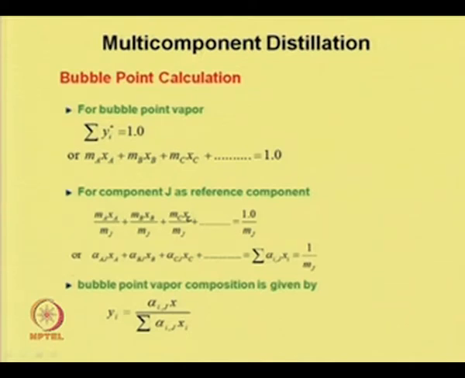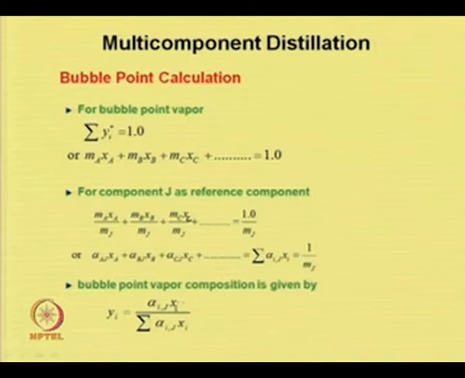Or we can write alpha Aj Xa plus alpha Bj Xb plus alpha Cj Xc and so on, which is summation over alpha ij Xi, would be equal to 1 by Mj.